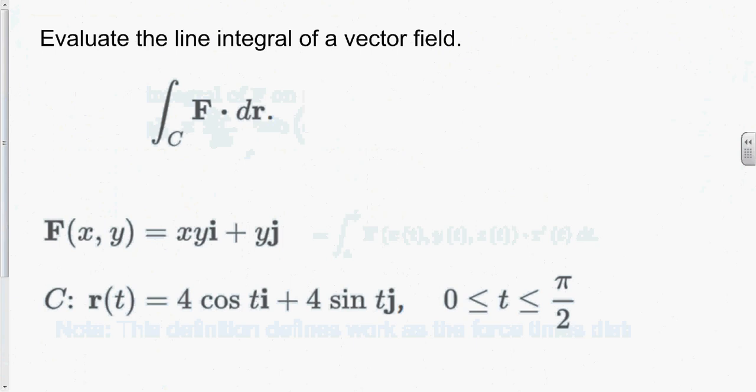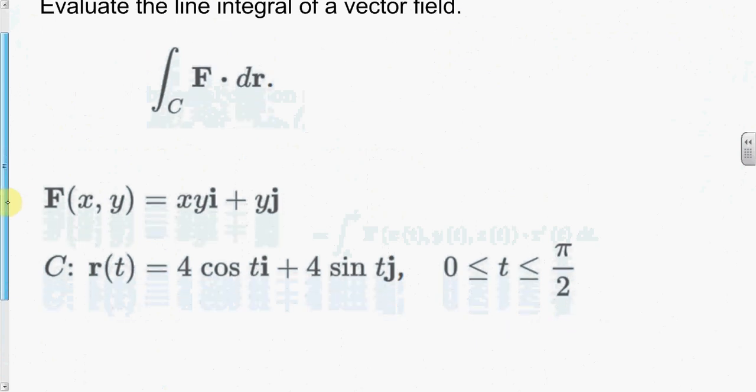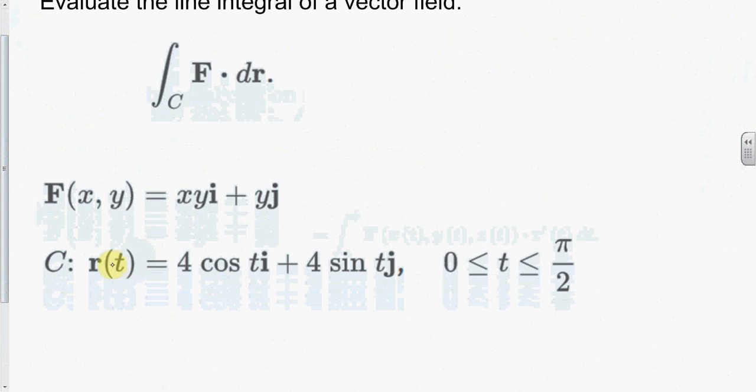So here, evaluate the so-called line integral. I'm given r of t. So do you see that here x, even from the same terminology, would be 4 cosine t and y is 4 sine t? Is everybody with me on that?